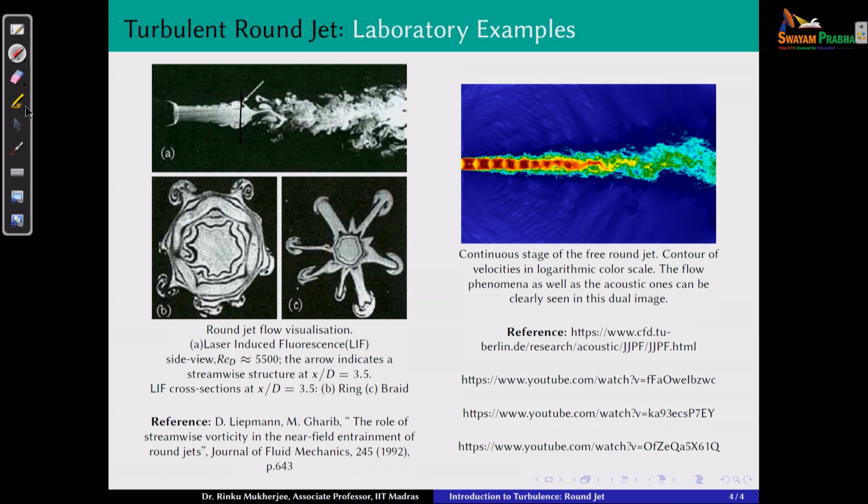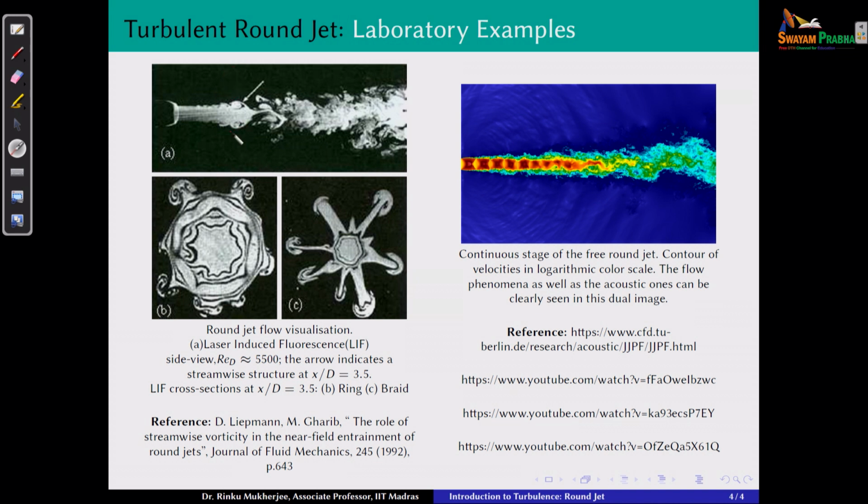Okay, that's the region that we are looking at, which is essentially shown in these two diagrams, this and this. Okay, two views of that. Now this region is at x by d is 3.5. So what is x? x is along this, right?